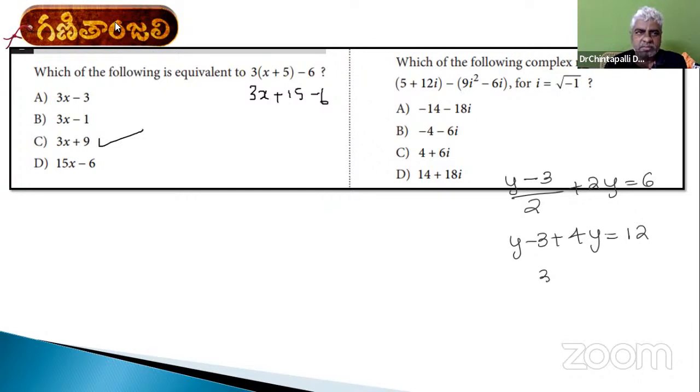Which of the following complex numbers is equivalent to 5 plus 12i minus (9i squared plus 6i), where i is equal to root of minus 1? As we know, i is equal to root of minus 1. Do you remember that i squared is equal to minus 1? Whenever we have i squared, we can replace it by minus 1. That means in this place we can write minus 1.